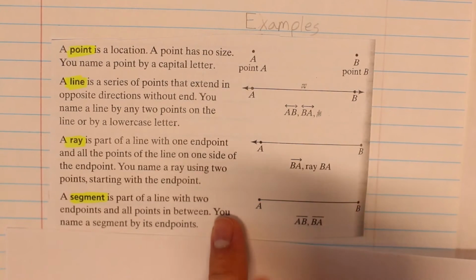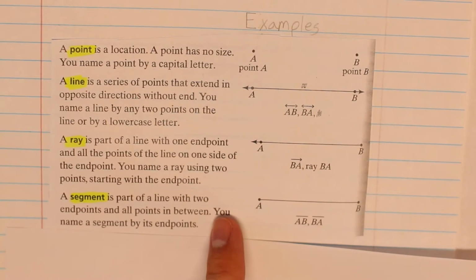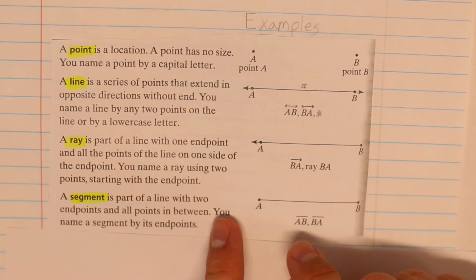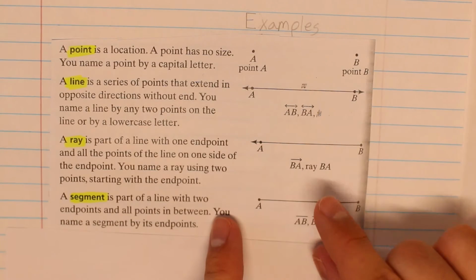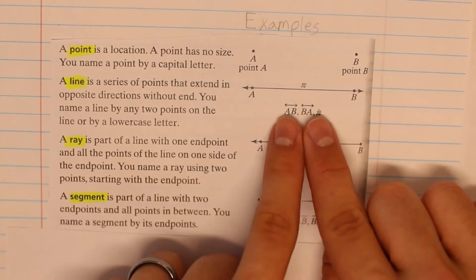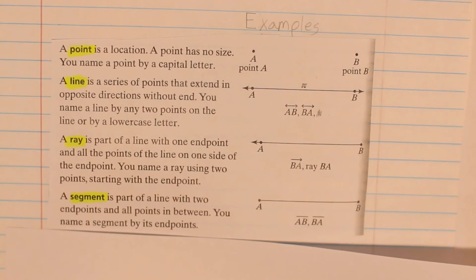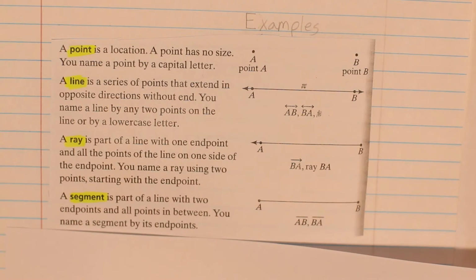You're not capable of drawing a line that goes on for infinity and starts at infinity. You can't do that. So everything that you know of as a line is actually a line segment. A true line goes on forever. So next time someone tells you to draw a line, you can ask, well, do you mean a line segment? You can be a little cheeky if you want to.